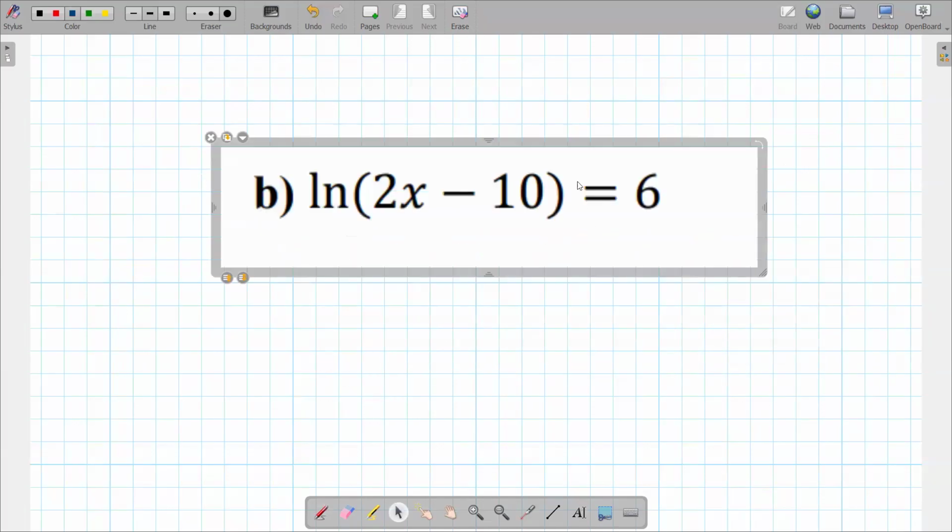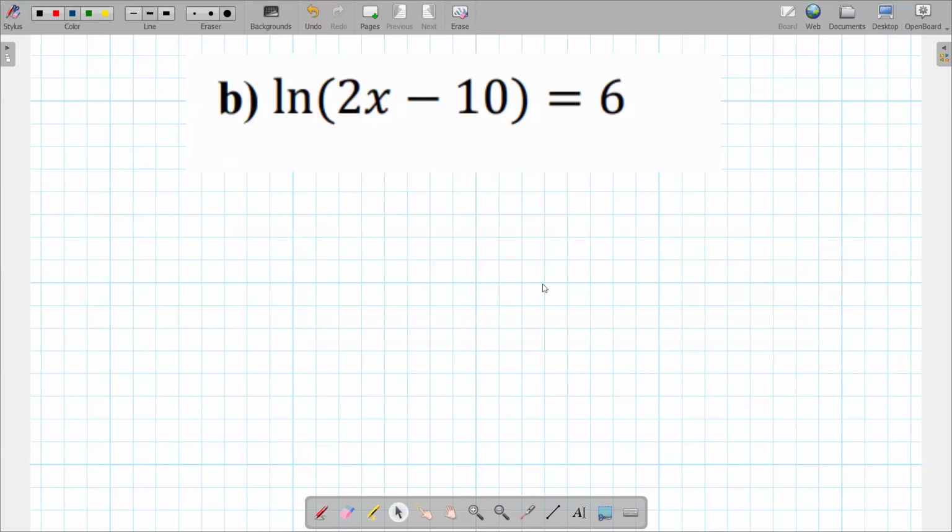Okay, what about this? What's the approach for this one? So what would be the next step?